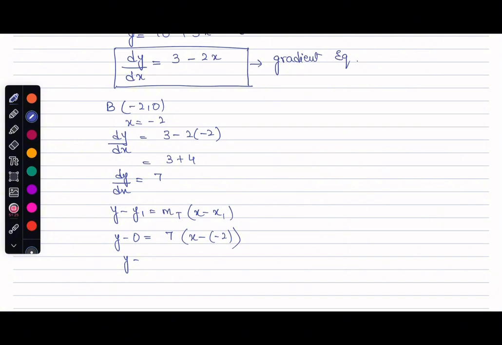So y then shall be equal to 7 times x plus, negative negative gives a positive 2, 2 times 7 gives me 14. So this is going to be the tangent equation at B.